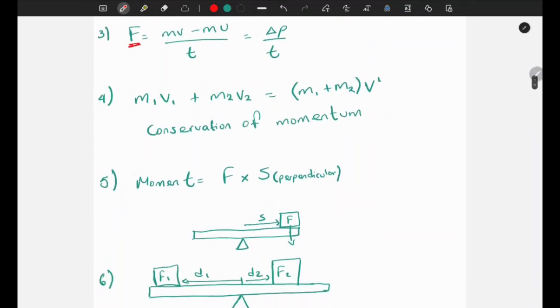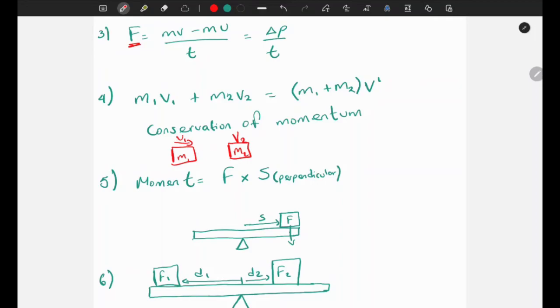The next one is for conservation of momentum. Conservation of momentum states that the momentum before collision is equal to the momentum after collision in a closed system. So let's say we have two objects. We have m1 going at speed v1, and then we also have m2 going at speed v2.